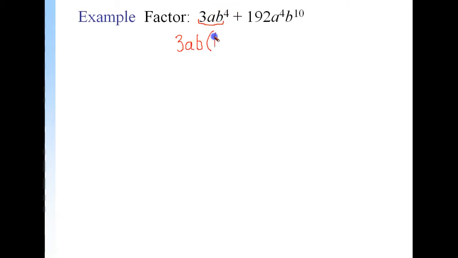So here I'm left with b cubed plus a 3 out of there is 64, and I have a to the third, b to the ninth.